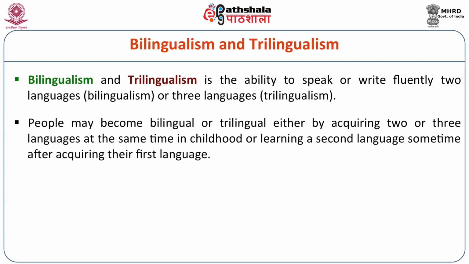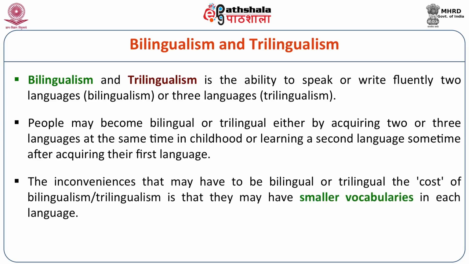People may become bilingual or trilingual either by acquiring two or three languages at the same time in childhood or learning a second language sometime after acquiring their first language. The inconvenience, the cost of bilingualism or trilingualism, is that they may have smaller vocabularies in each language.